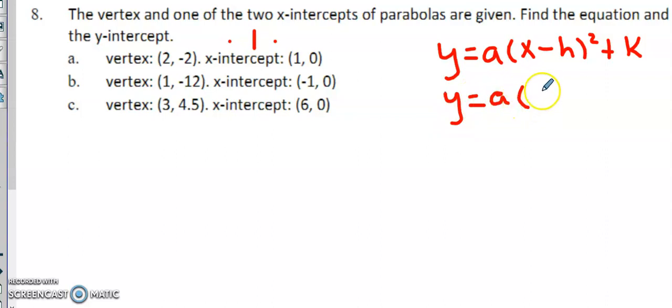So if I was going to come up with the vertex form, the first step would be to replace the h with 2. This is our h value. Squared plus the k value, and k is -2 based on the vertex. So this is what we end up with.